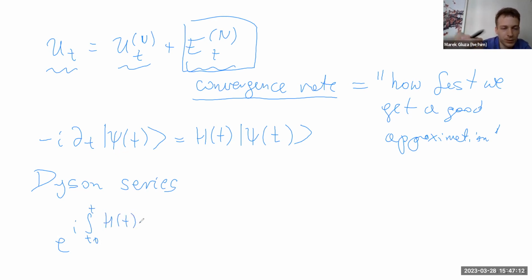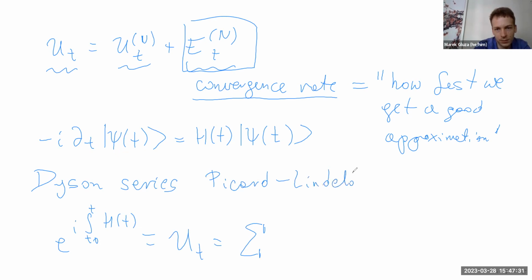So I was saying this in quotation marks for this solution of the dynamics of a time-dependent operator. And then the Dyson series is actually something called the Picard-Lindelöf series. So this is more like quantum mechanics, and this is mathematics.